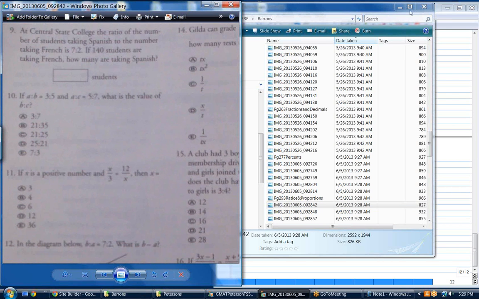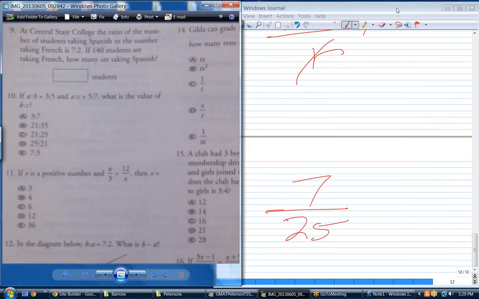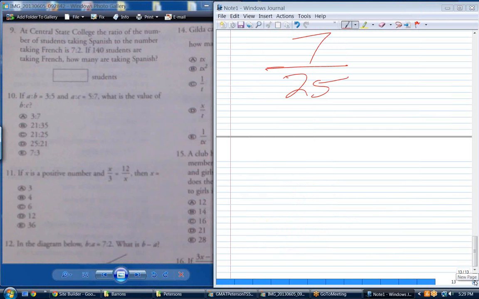Okay, now this is a little different. Here the ratio of Spanish to French is 7:2, and there are 140 students taking French. How many are taking Spanish? So what ratio can I use?